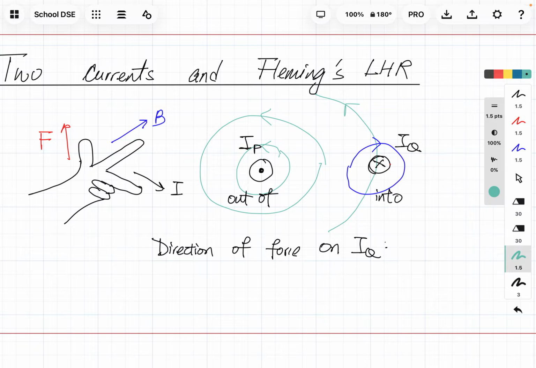Therefore, B will be equal to B1 minus B2, and that is equal to mu naught N1 over L1 I1 minus mu naught N2 over L2 I2.